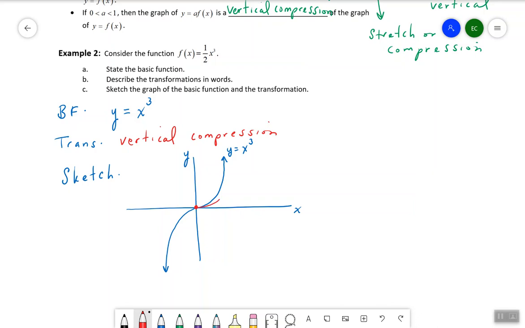So out to the right, the graph is going to be flattened out, something like that. And to the left, the points are below the x-axis, so they'll be pushed up toward the x-axis. So something like that. That's not the greatest graph I ever drew, but it's pretty good. So we can label that f of x is equal to 1/2 x cubed. Remember, we just want the basic shape of the graph, and we want it in comparison to the basic function.